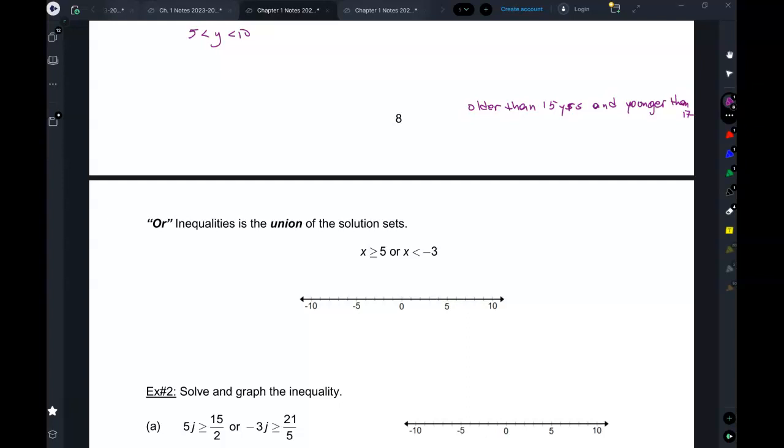So now, you're going to get a lot of 10th graders, a lot of 11th graders, right? Okay, but now suppose another event says you have to be younger than 15 or older than 17.